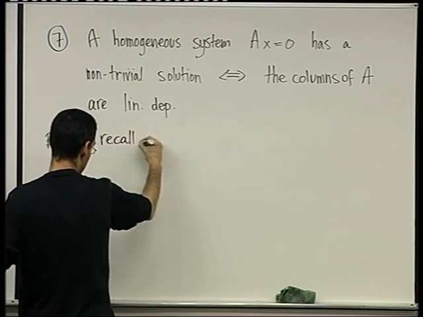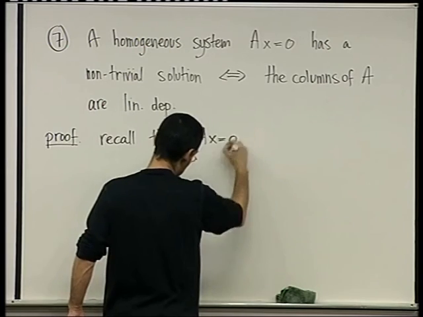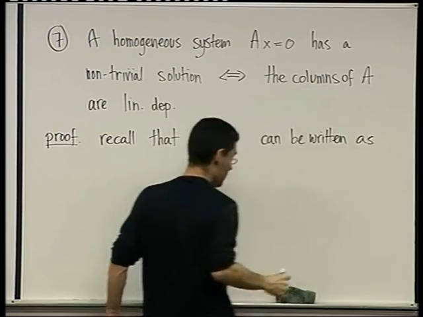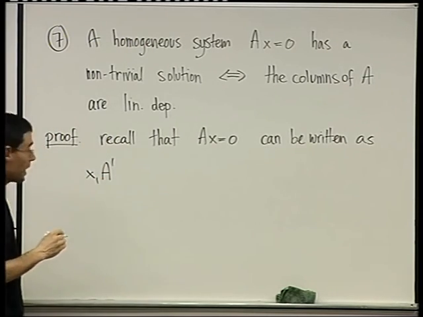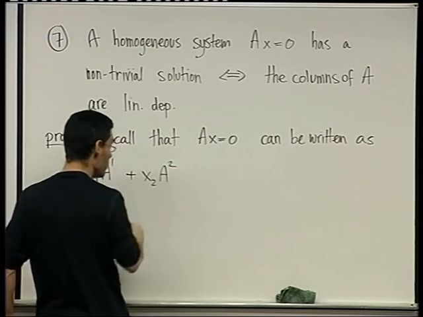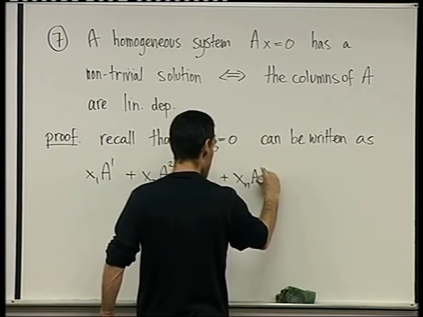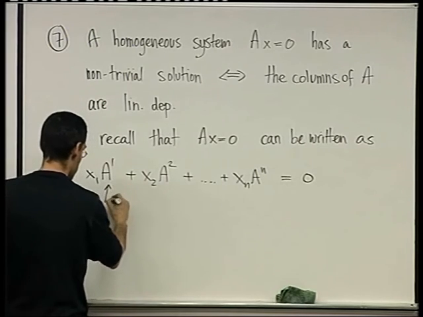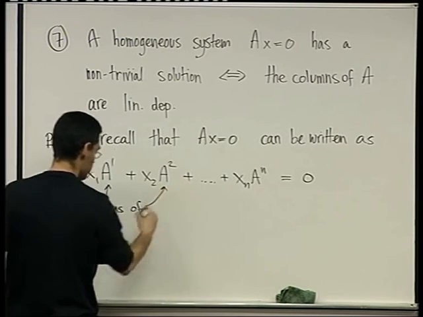Recall that in general, a system AX equals B can be written in a different way, and in particular AX equals 0 can be written, as we discussed previously, as x1 A1, where A1 is the first column of A, plus x2 A2, where A2 is the second column of A, plus and so on up to xn An equals B in general, or 0 for a homogeneous system, where these are the columns of A. Remember this?